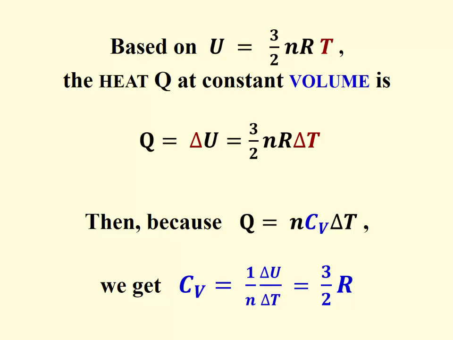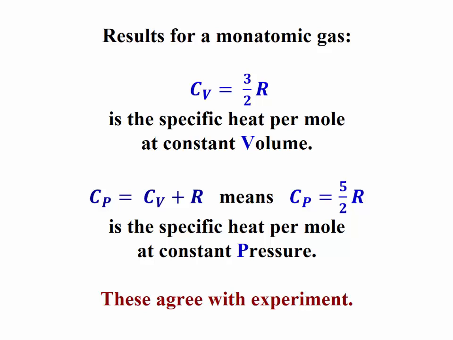That is, it's the change in internal energy with respect to temperature per mole. And as you can see from what I've written down here, that's going to be 3/2 R. So the 3 degrees of freedom gives us a specific heat at constant volume of 3/2 R. The specific heat per mole at constant pressure is just CV plus R. This is a result that we will derive when we get to looking at what work says about heat and the first law of thermodynamics.